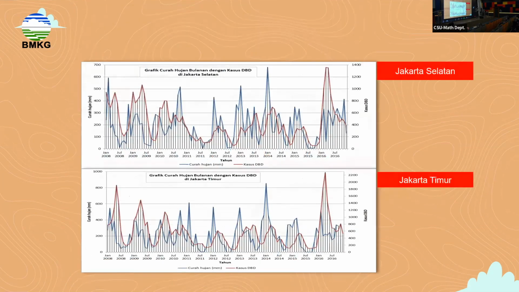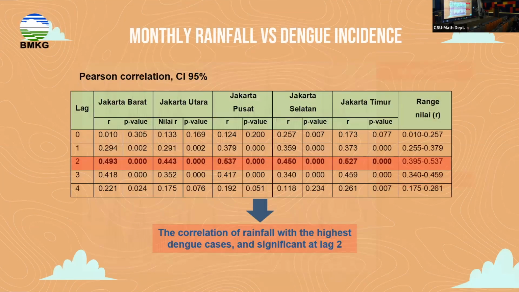They did some statistical approach and found significance at lag 2, I think, for monthly data. So the number 2 is quite important in our early warning system.